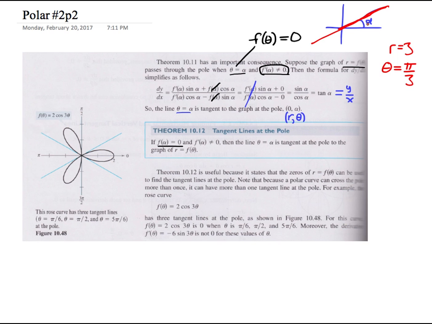This is just like that, except we're maintaining an angle of theta equals alpha. So there you go. If the derivative has a slope equal to the tangent of alpha, then that's basically describing this line. So that's how they got here.